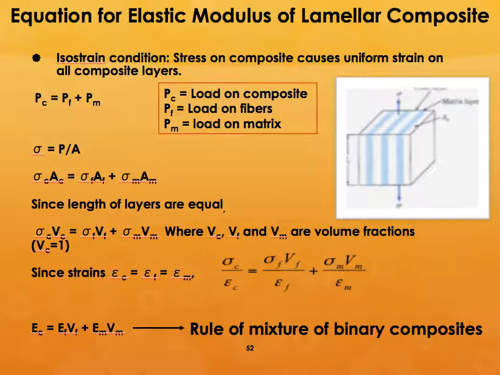Now, if the strain on the fiber or the strain on the matrix exceeds their failure strain, one of them is going to fail and the other component will pick up the slack and adjust for the strain that is being exceeded on the other component.